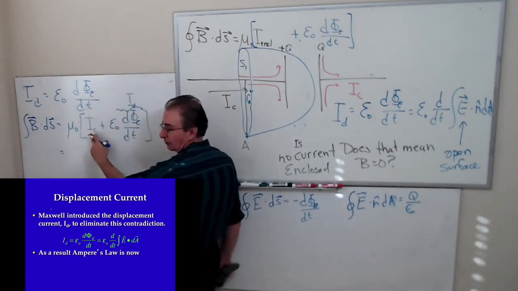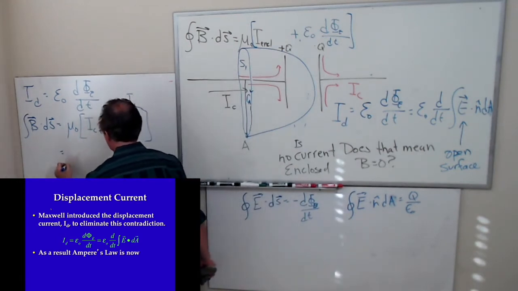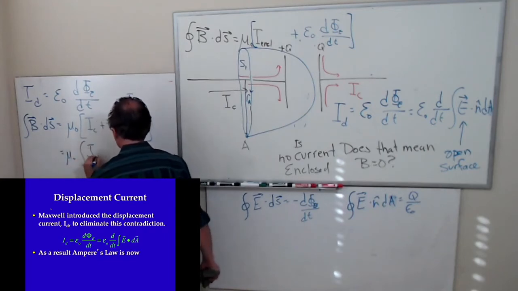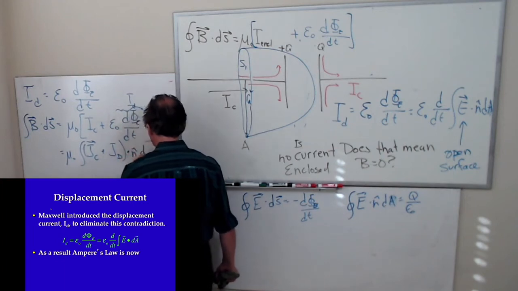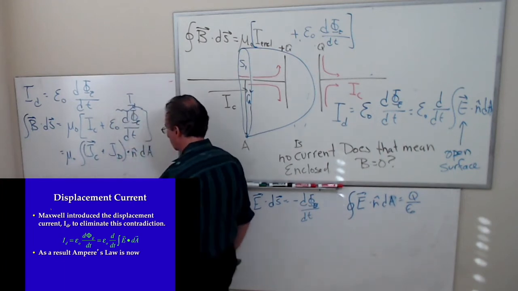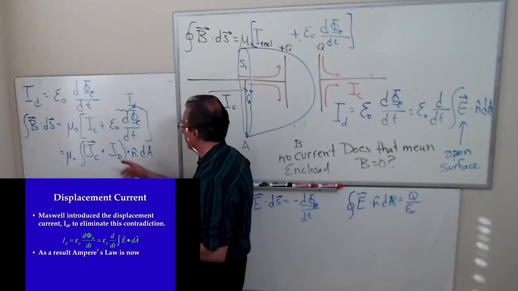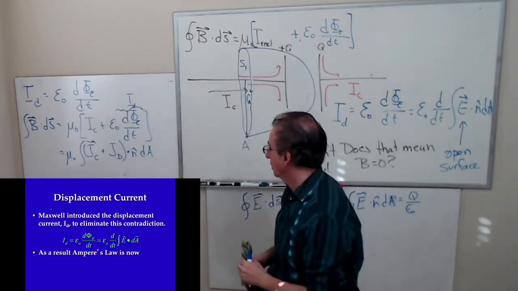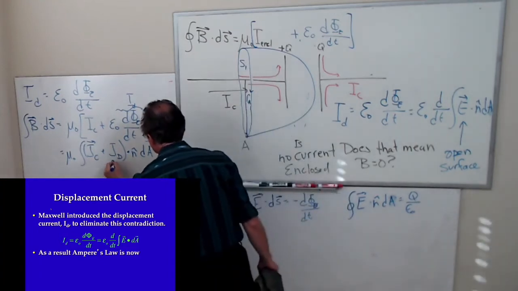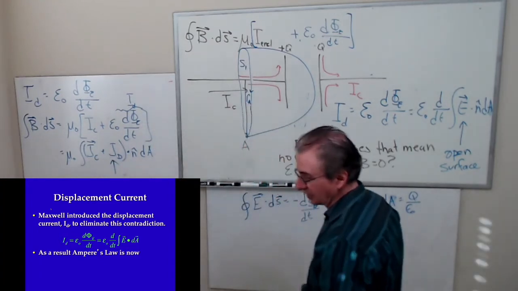Remember, this is the integral of the current density, so you can always write it like this. Where the integral of j sub c dot n dA is just the current. And then this would be, again, the displacement current density.